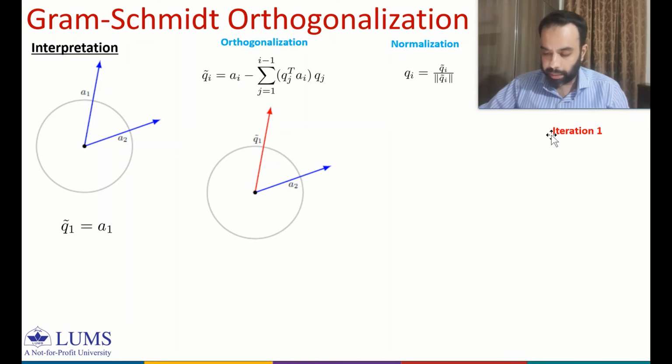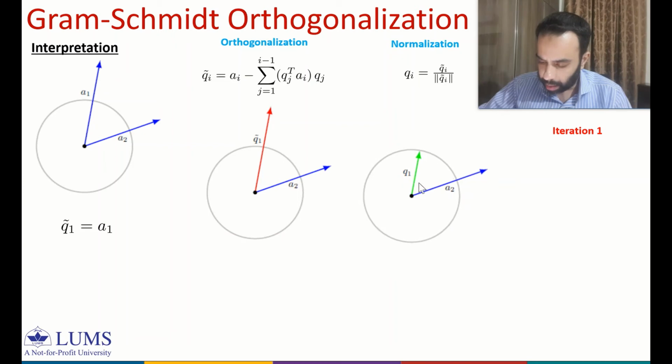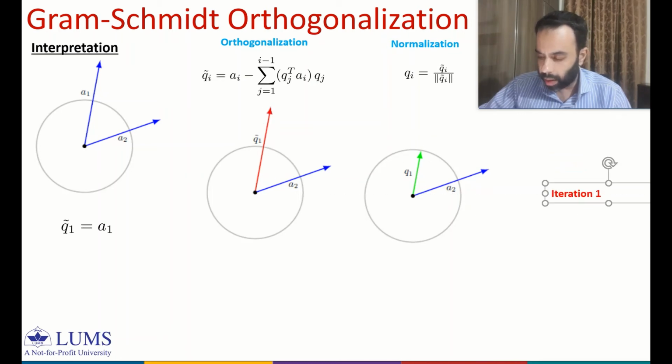In the first step, Q1 tilde is A1. This red is Q1 tilde. What is the second step in the first iteration? Normalization. You normalize Q1 tilde and make it Q1, so Q1 is Q1 tilde divided by the norm of Q1 tilde, and you get this Q1. So this is the first iteration.